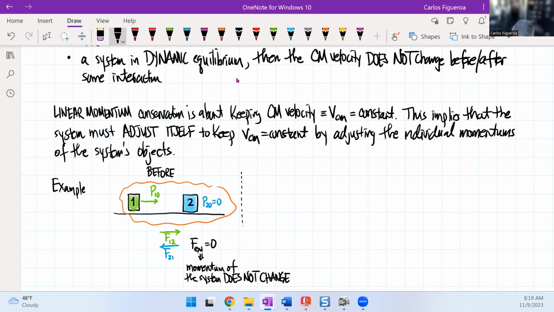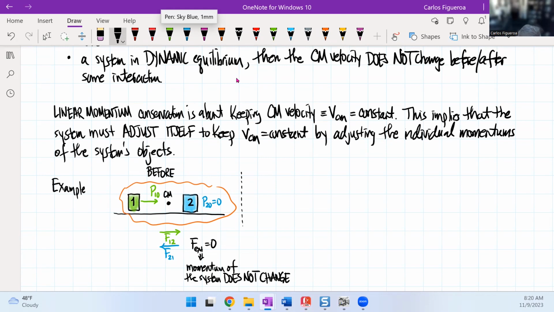So what does the momentum of the system not changing mean? Well, if I look at the center of mass of this thing, I could imagine the following picture. The first thing that I would look at is that if this is the center between the 2 blocks, note that block 2 is bigger than block 1. So I would expect that the center of mass will be closer to 2 than to 1, just because it's a little bit bigger. So it doesn't really matter. So this is the center of mass. So the center of mass is now moving.